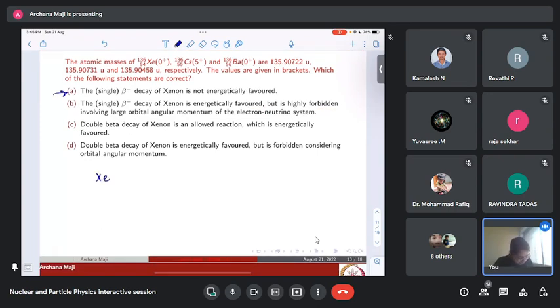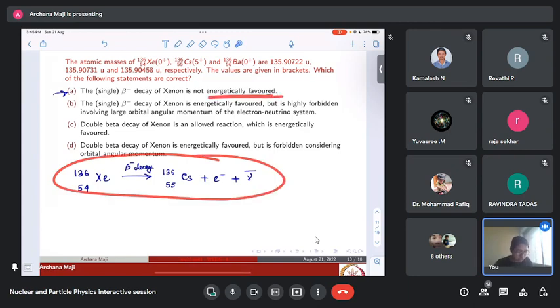So beta minus decay, xenon will become cesium, since beta minus decay converts one neutron to proton, so the proton number gets increased by 1, then an electron comes out and an antineutrino comes out. So for beta minus decay, we have to see whether this process is energetically favored or not.